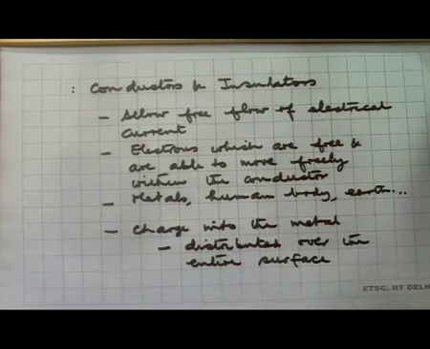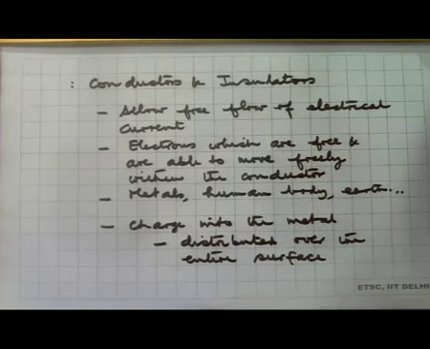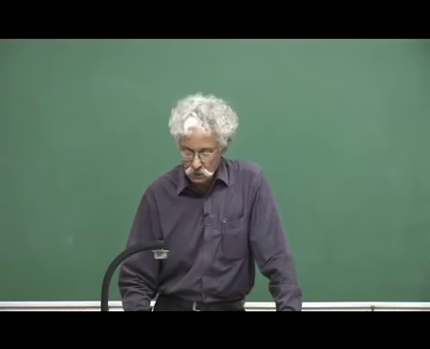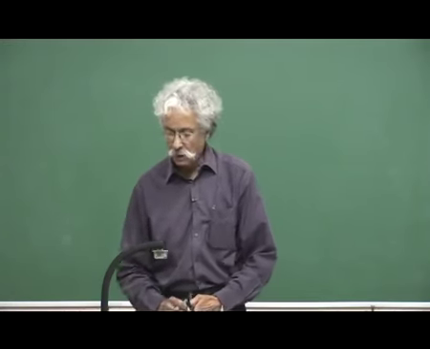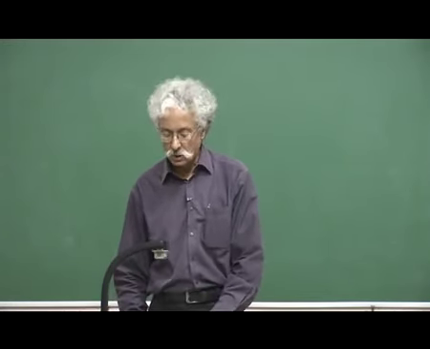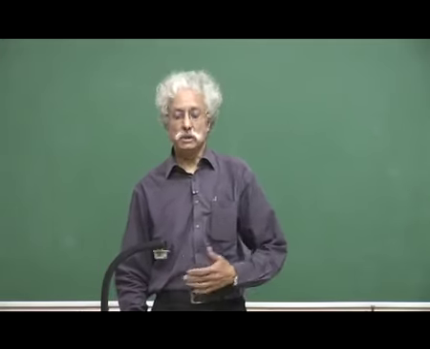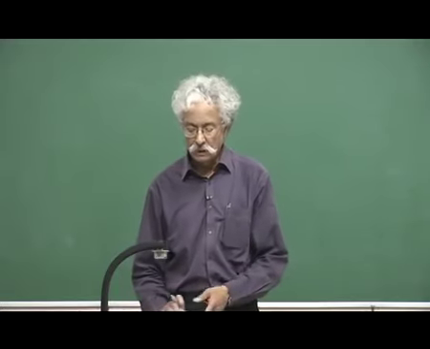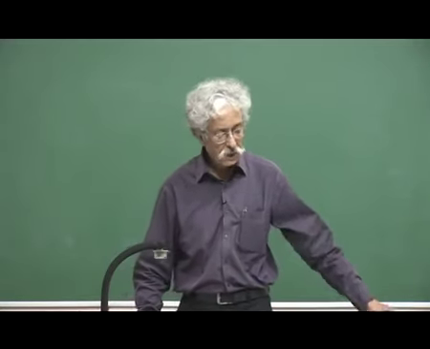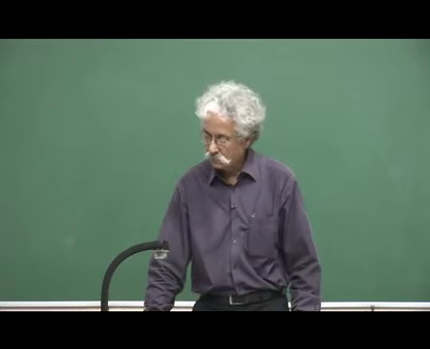Why surface? I will come to that a little later. So, all metals are actually good conductors, and they have these electrons which can freely move within the material, and hence they are able to conduct electricity very well.